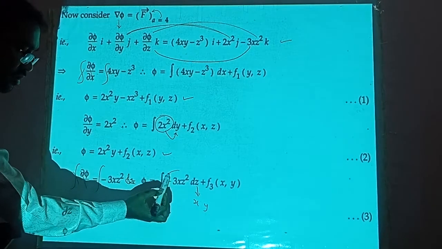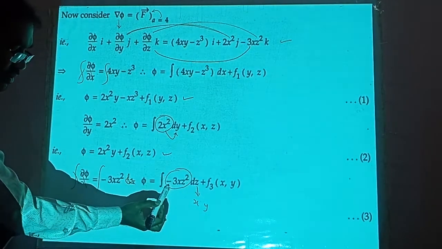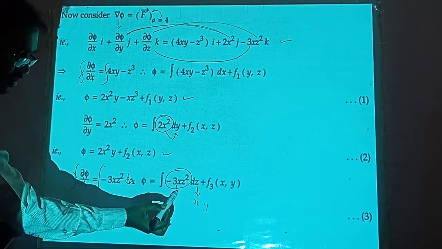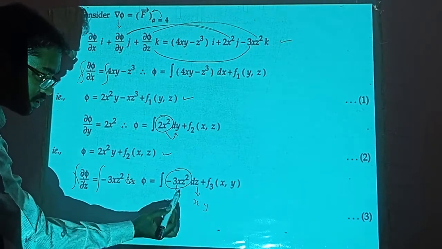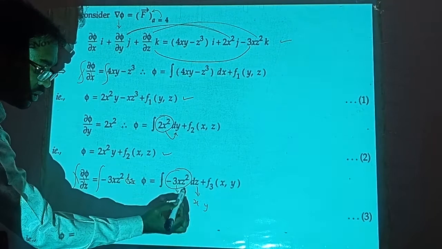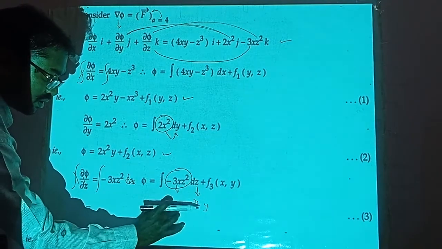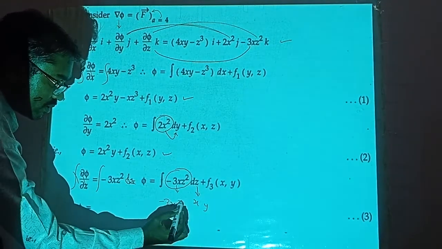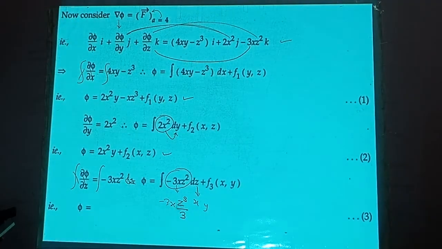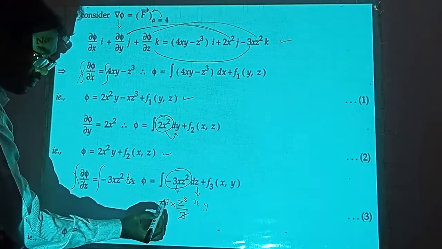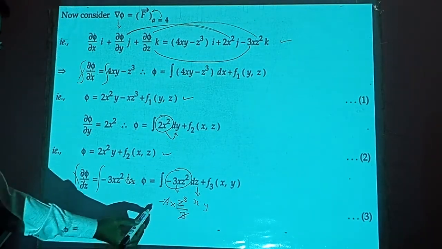Now let us integrate this. What is constant? Minus 3x is constant. Integration of z square is z cube by 3. This 3 and this 3 will be cancelled. What remains?